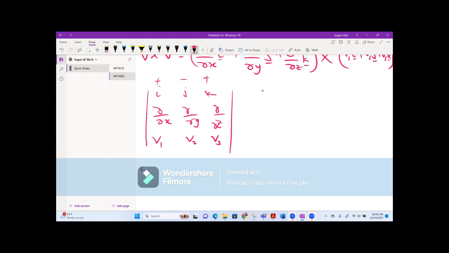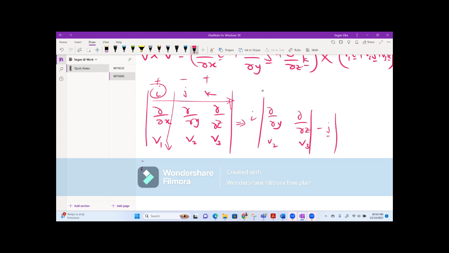If I pick i, the row and the column of i will be removed, so it will remain d/dy, d/dz, v2, v3, minus j.